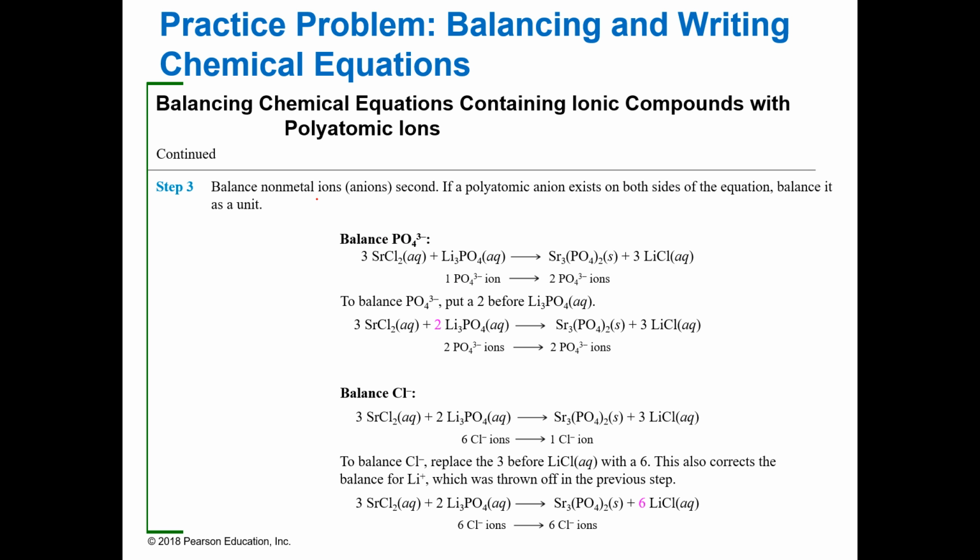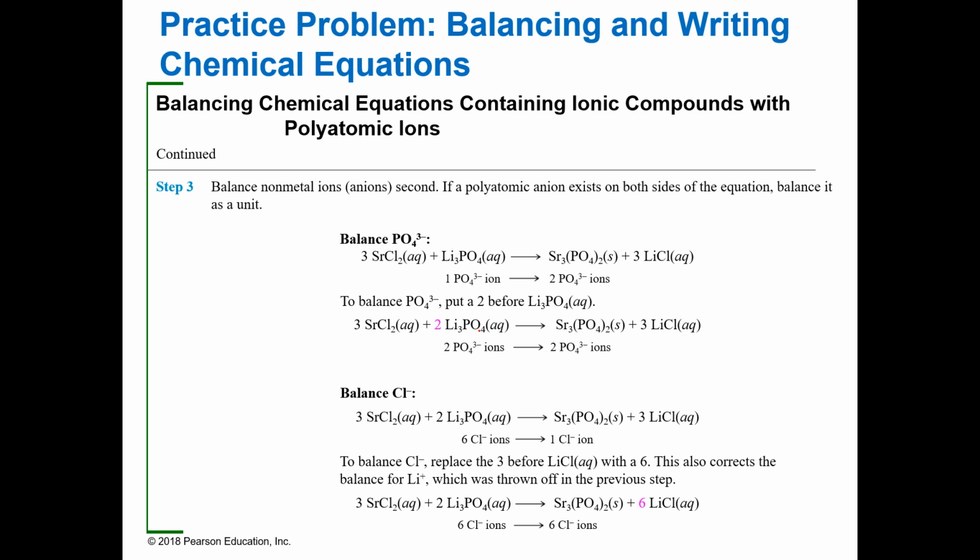Right. Next, sometimes you can look at the polyatomic ions as a whole. Not always, but when you can, it's the first thing I would look at, looking at it as a whole. But I have 2 phosphates. How many phosphates do I have here? Just 1. So if I do that, I need to put a 2 here.